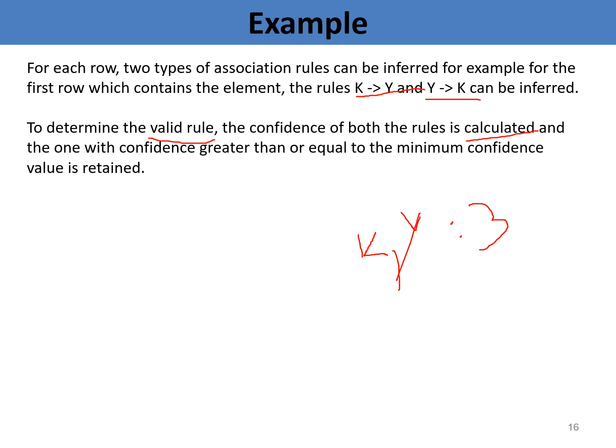So if the confidence value is greater than a certain threshold that is mentioned, the minimum confidence value, we will call that rule a valid rule. So the confidence of both the rules is calculated, and the one with the confidence greater than or equal to the minimum confidence value is retained.